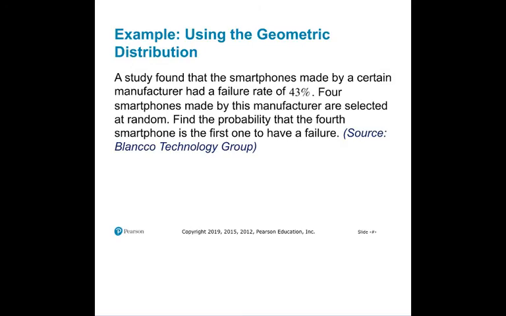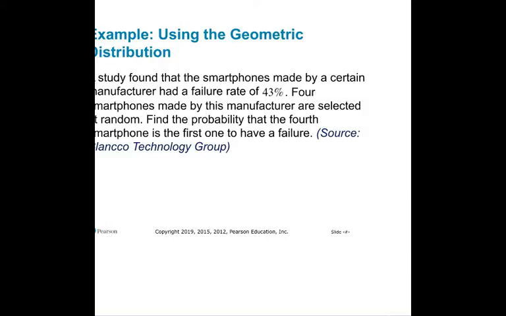For this example, it says a study found that the smartphones made by a certain manufacturer had a failure rate of 43%. 4 smartphones made by this manufacturer are selected at random.